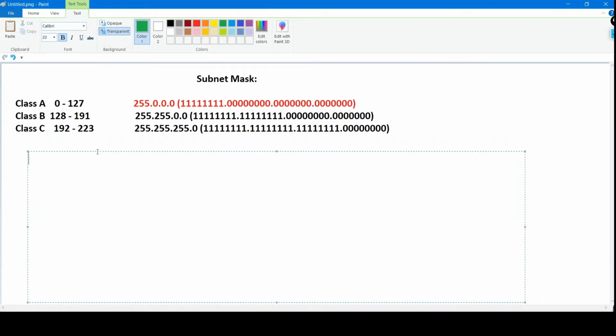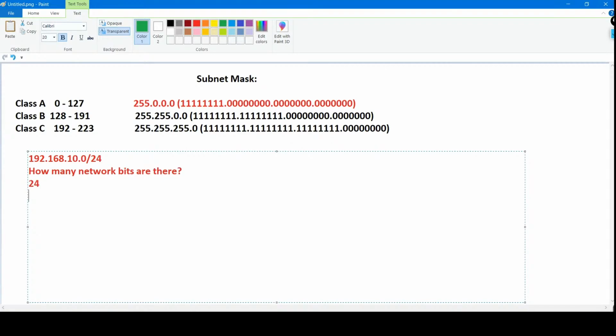Now, suppose I am writing one IP address, 192.168.10.0/24. So how many network bits are there? First question: 24. Yes. 24 network bits, right?